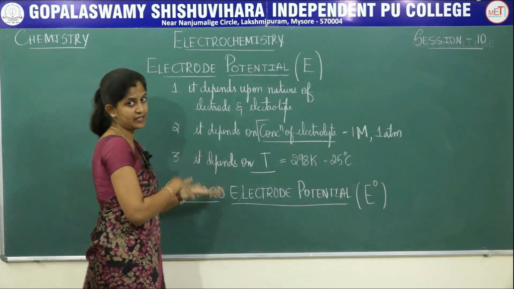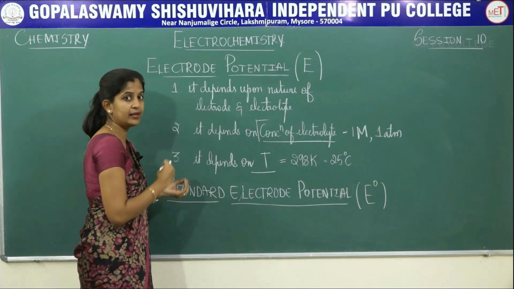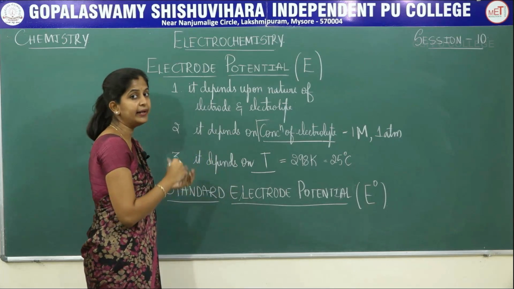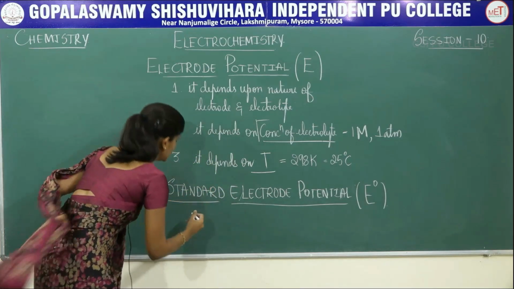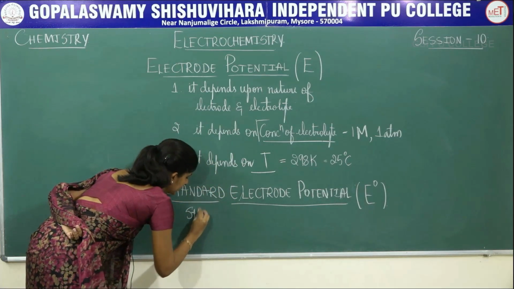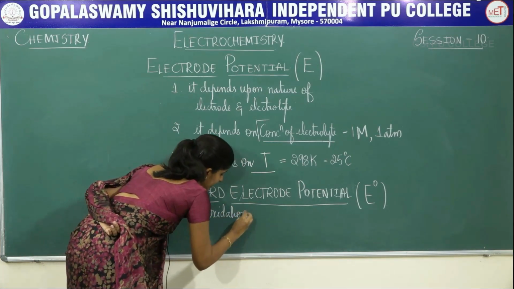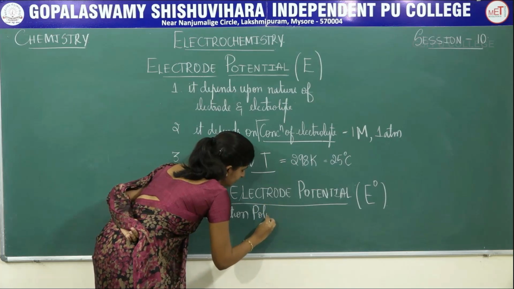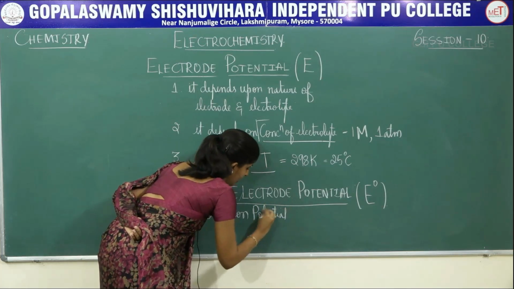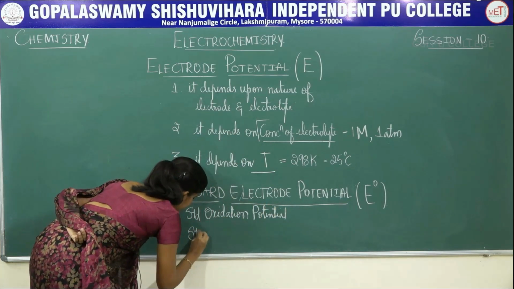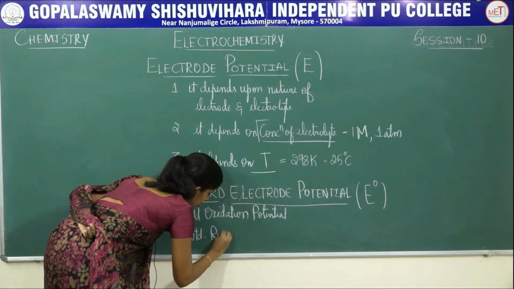Again, there are two types of standard electrode potential: standard oxidation potential and standard reduction potential.